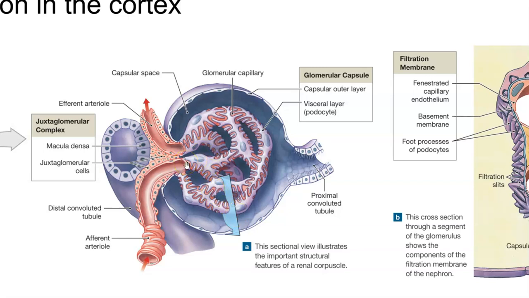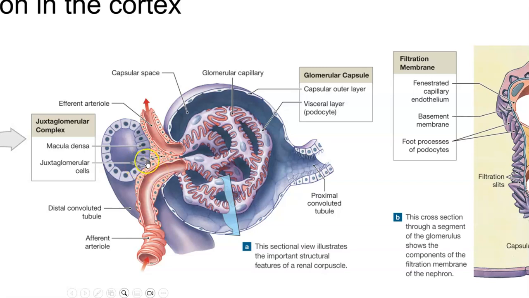What you can also see here is this portion of the DCT. This is actually the distal convoluted tubule that's coming up through and contacting the afferent and the efferent arteriole. At this area, we call this the juxtaglomerular complex.